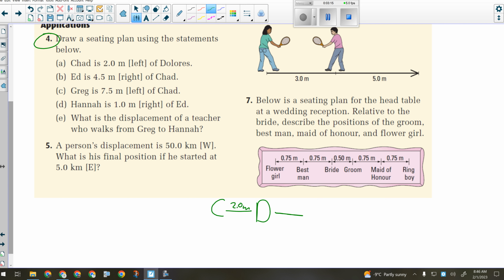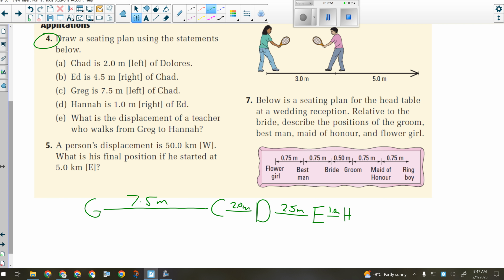Him over here. Greg is 7.5 meters left of Chad. And Hannah is 1 meter right of Ed. So I've drawn that roughly to scale. I obviously didn't measure anything, but the 7.5 line is quite a bit longer than the others.